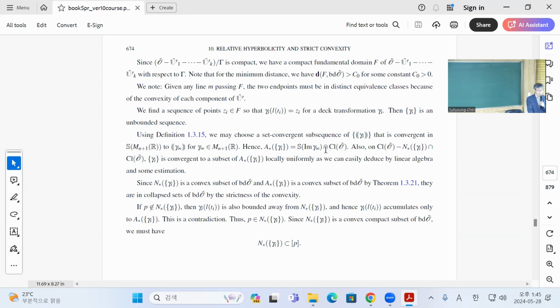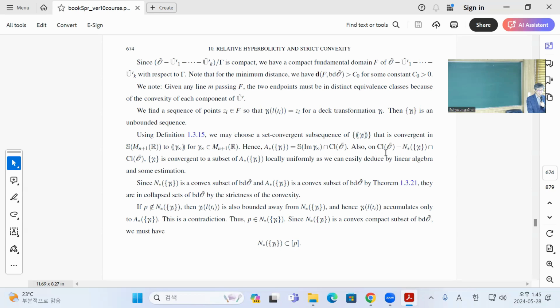And then you choose this A star to be the attracting fixed point of this. So for gamma_i, you can choose this convergent subsequence that converges to some element here. So the attracting point of the sequence is this, and then the repelling ones are the null space.